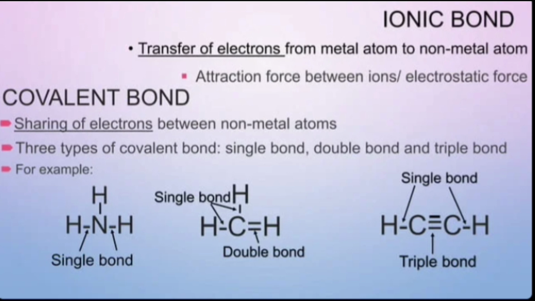That is, the elements located on the right side of the periodic table will be able to form covalent bonds, whereas those on the left side may donate electrons and those on the right side accept electrons to form an ionic bond. In covalent bonding there are three types: single, double and triple covalent bonds. For example, the NH3 molecule has three single bonds. When a single line is present between two atoms, that represents a single bond.